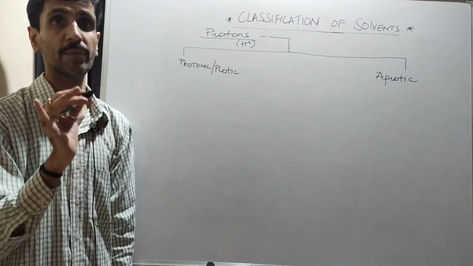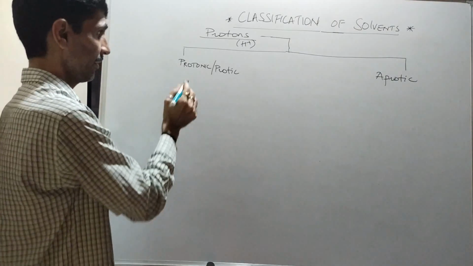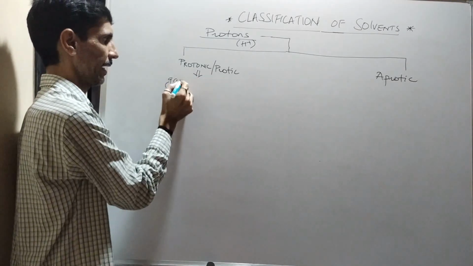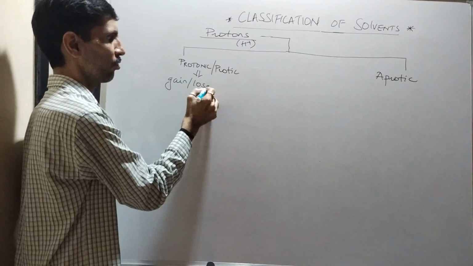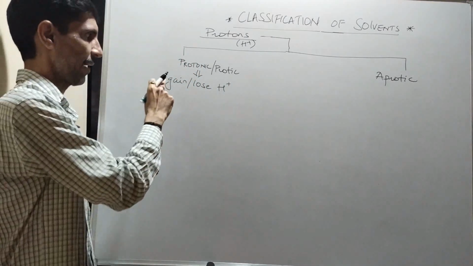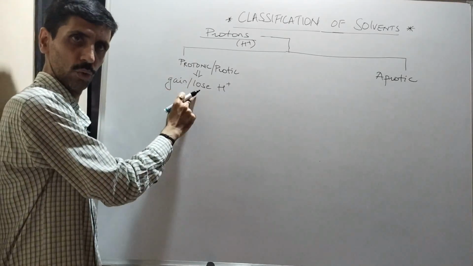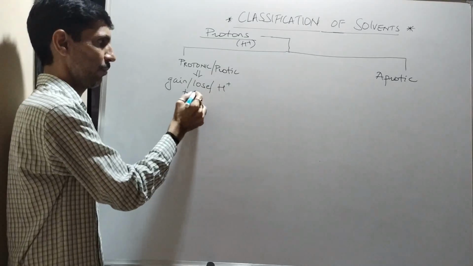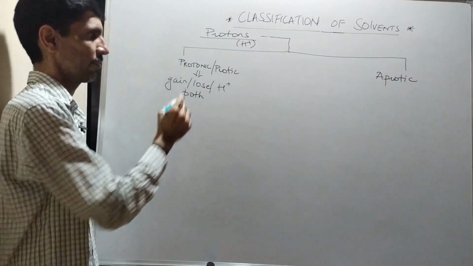Now, protonic solvents are the solvents which have an ability either to gain or lose protons, or both as well. They can have both tendencies with respect to H+ ions.